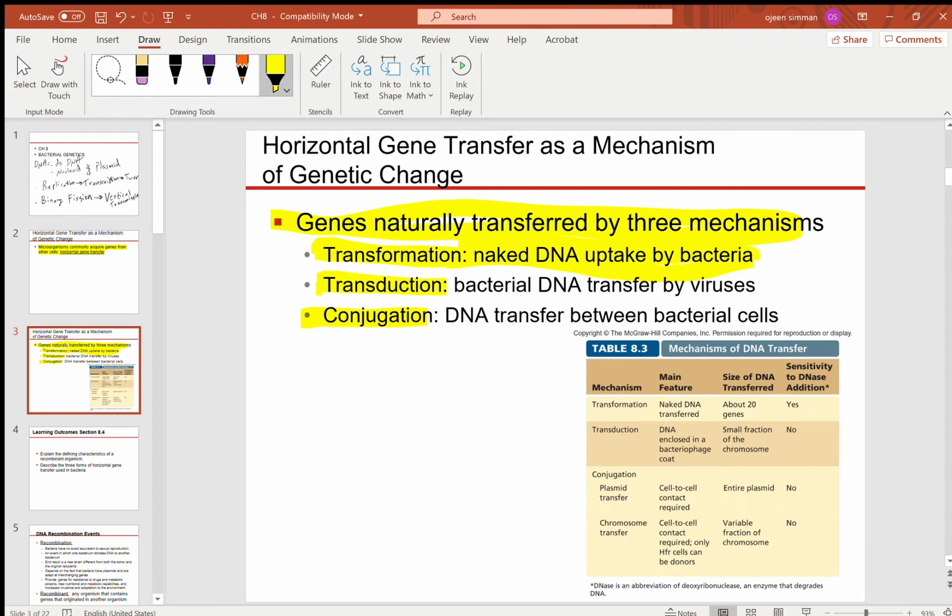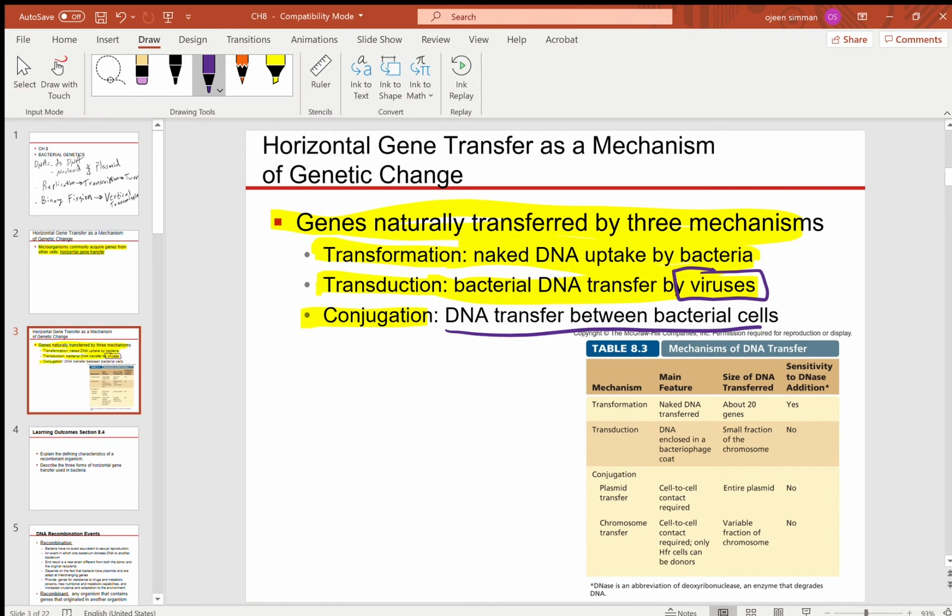The other one is transduction. Transduction requires a virus that basically takes DNA from one bacteria and transfers it into another bacteria. And then finally, we have conjugation.